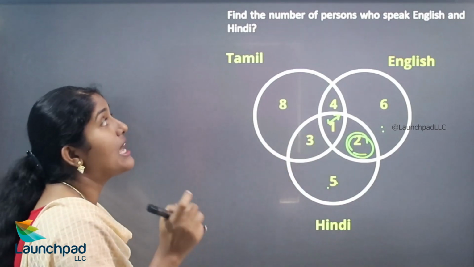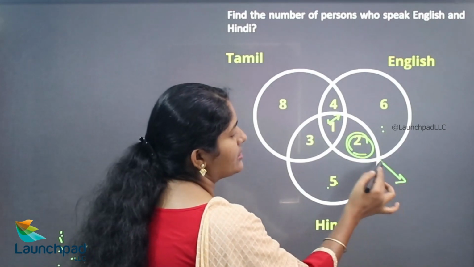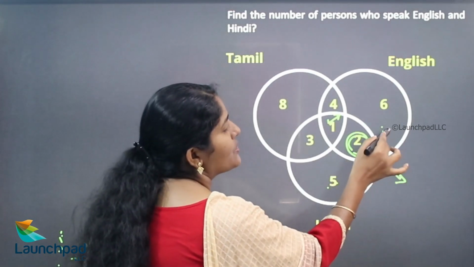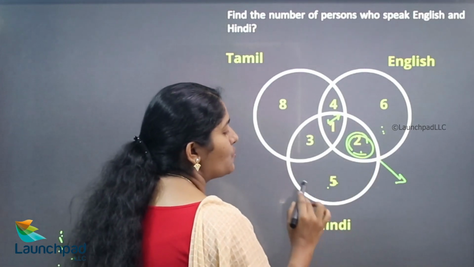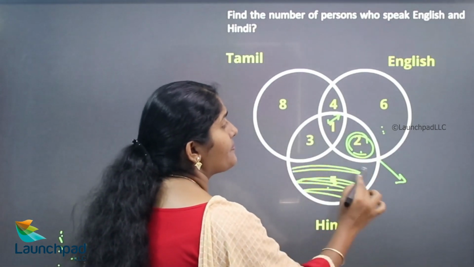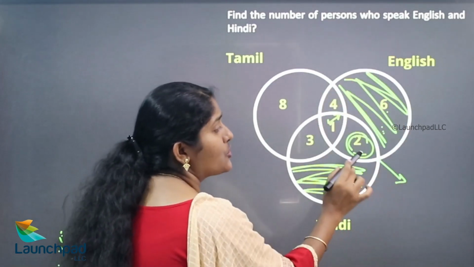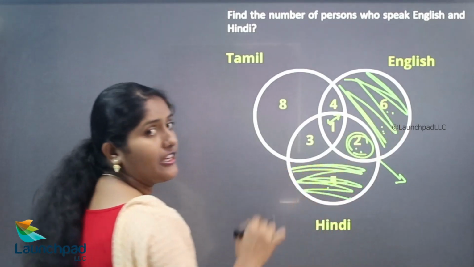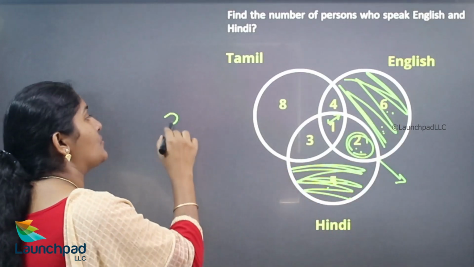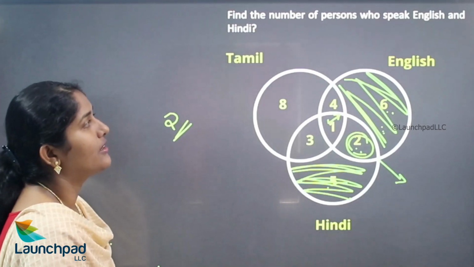Here your question is English and Hindi, so the common area is the answer. 5 is only Hindi and 6 is only English. This 2 is denoted by both English and Hindi. So the answer is 2.